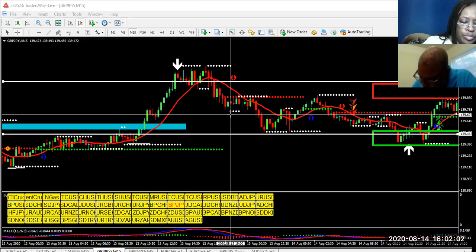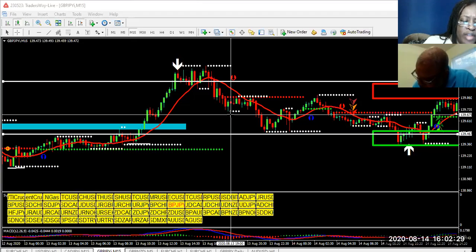Okay, so impulse is the first move in the direction of the trend. Absolutely. And the consolidation obviously is a range, kind of ranging. Right, we never trade consolidation. Now, if you're in a trade and it happens to consolidate, okay, fine. But you don't get in a trade when it's consolidating.